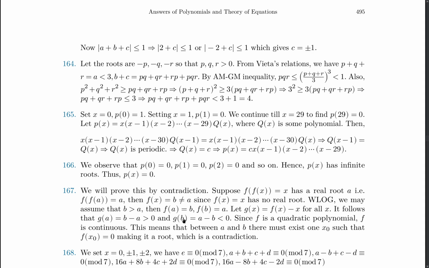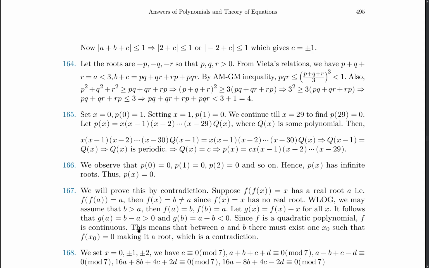And then we put x is equal to b. So g of b would be a minus b, less than or equal to 0, because if we put x is equal to b, f of b would be a. Now you see the problem. We have f as a quadratic polynomial, so it is continuous.